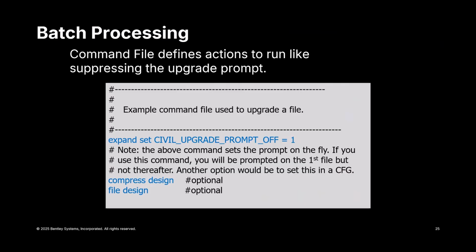So you very much might want to set that variable to turn that prompting off so that it can just open the files in series. This is an easy way to do that and not have to change your workspace. We're just expanding and setting that variable on the fly as we're opening the files and prohibiting that from running.